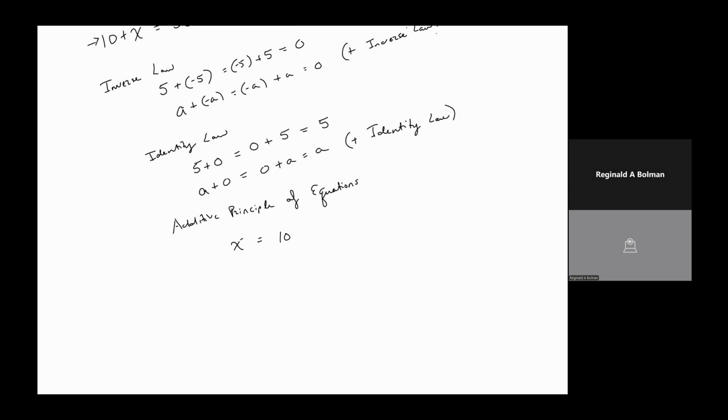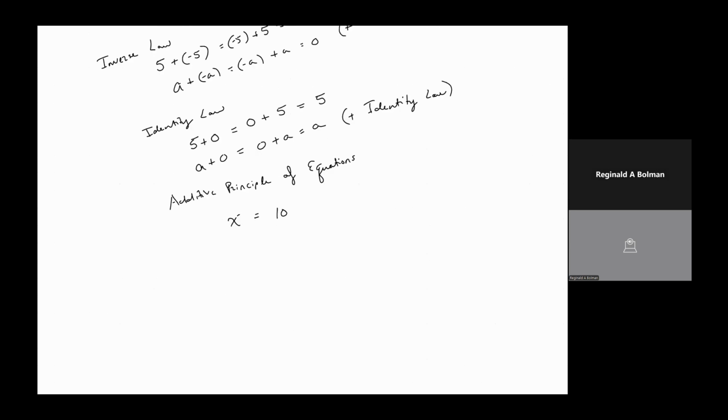And so if we consider this to be, say, a bank account, here's my bank account, and the bank account is our X in this instance, and we put $10 into our bank account, it just means that $10 is in our bank account.